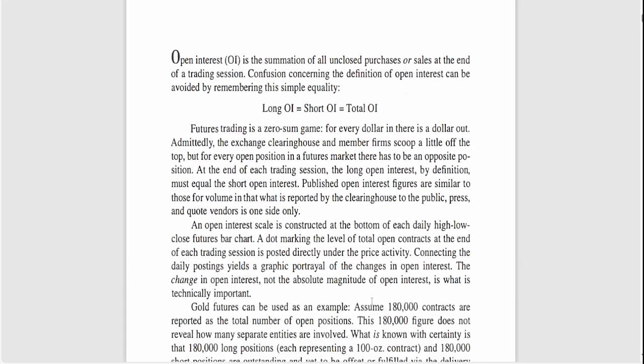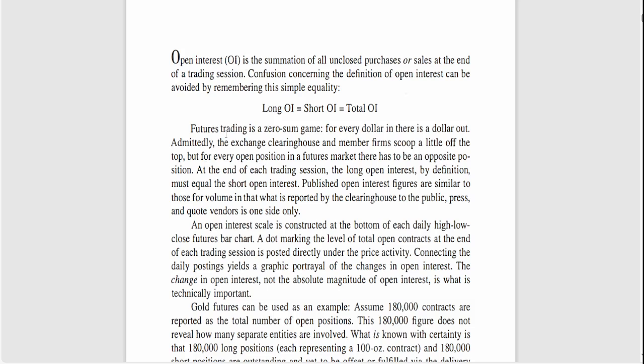Future trading is a zero sum game. For every dollar in there is a dollar out. If you trade futures, you know that it is a zero sum game. When you buy, someone sells, and when you sell, someone buys. Overall net is zero.